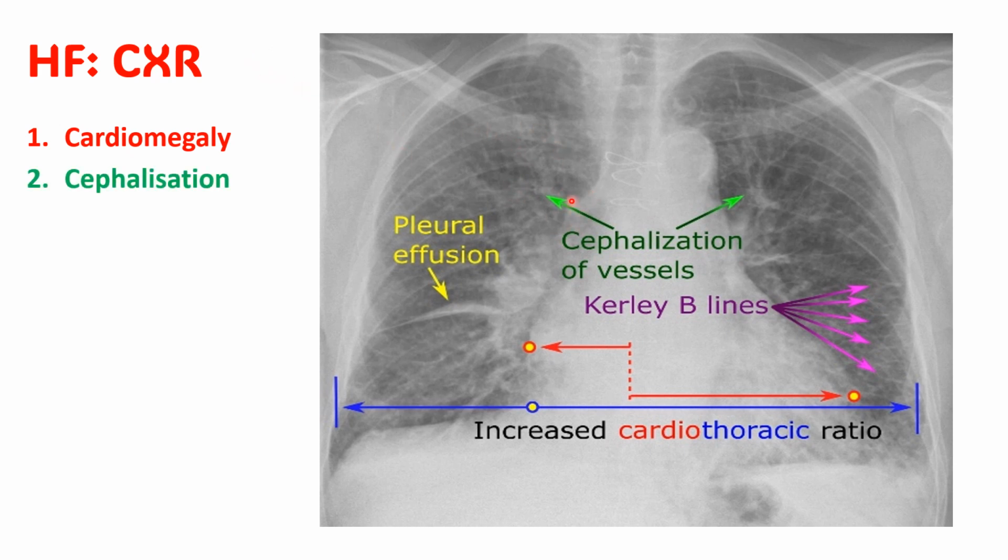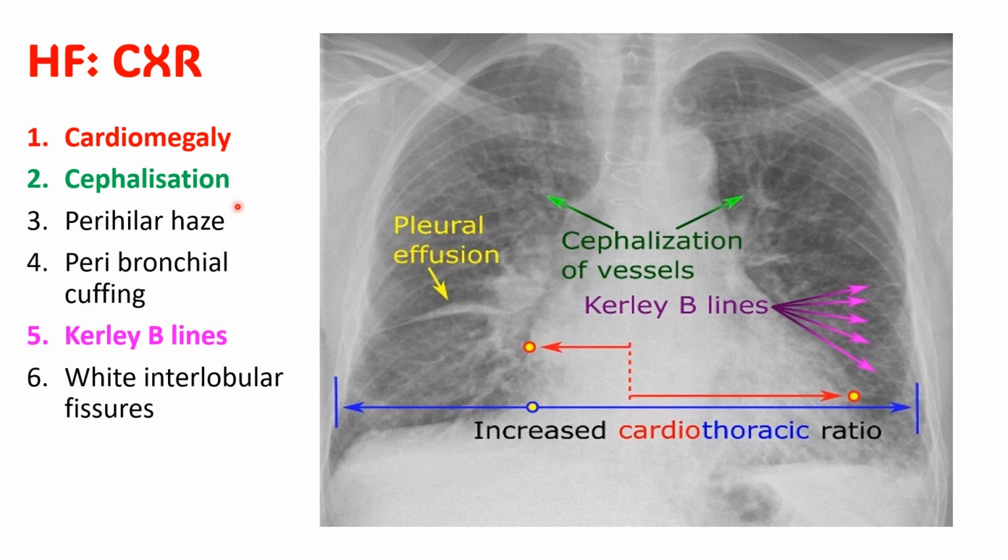You can have cephalization of vessels, and essentially why this happens is because there's a diversion of blood to arteries in the upper lung, which are less compressed. And it basically represents an increased left atrial pressure, and is quite an early sign of pulmonary edema.